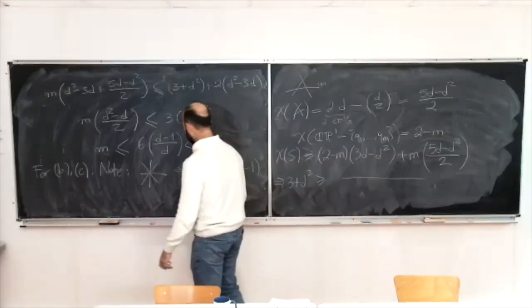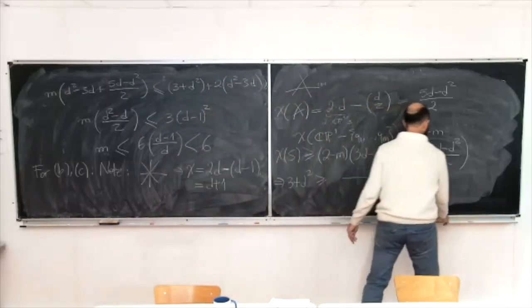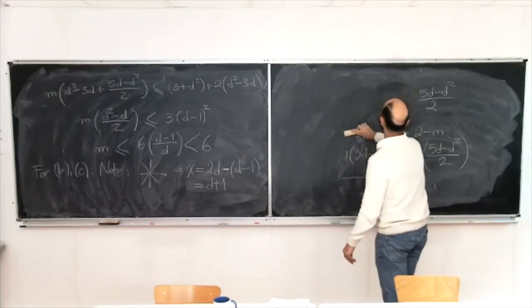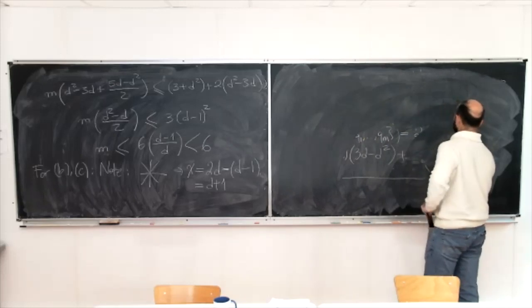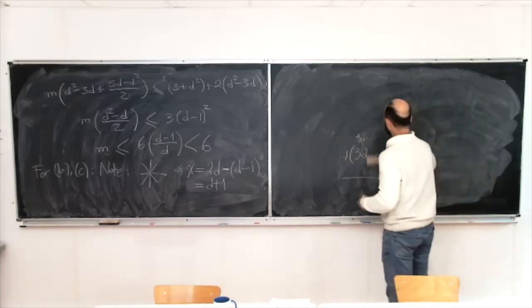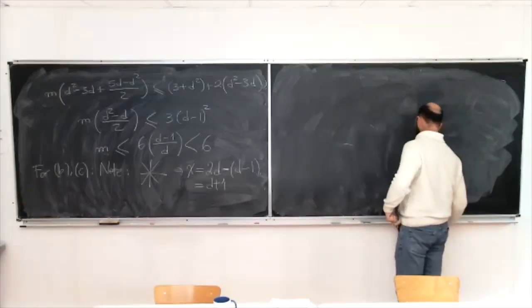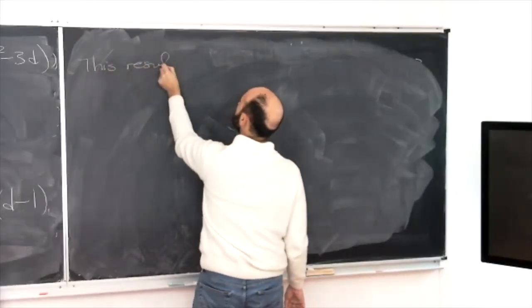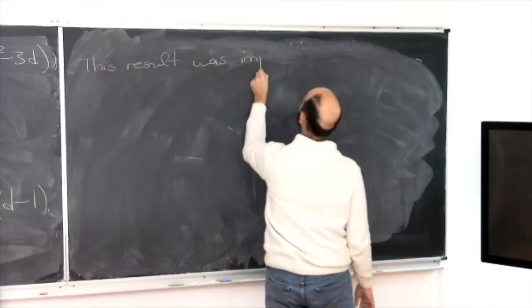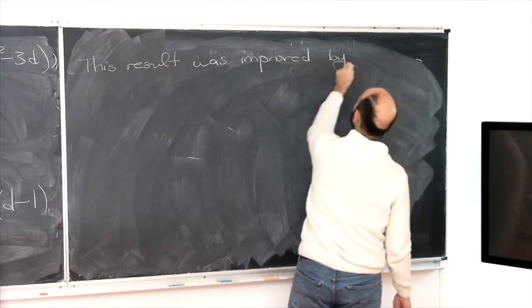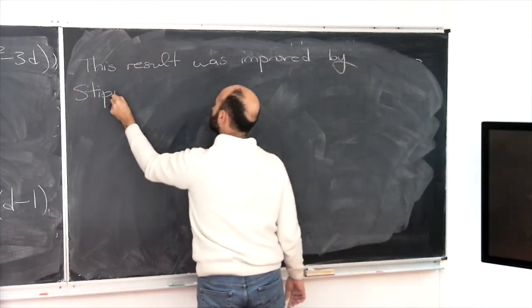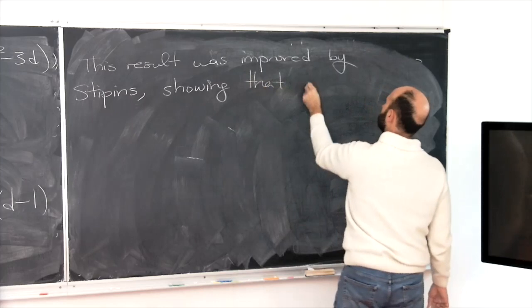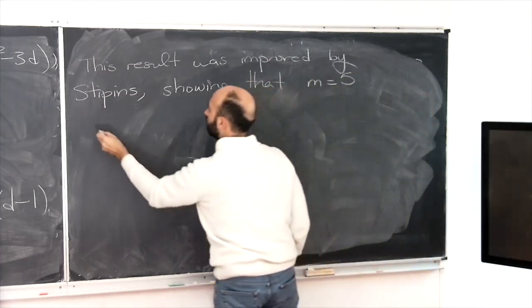Now, this result is nice, and it was improved some years later by Stephens in his PhD thesis, showing that m equals 5 is also impossible.